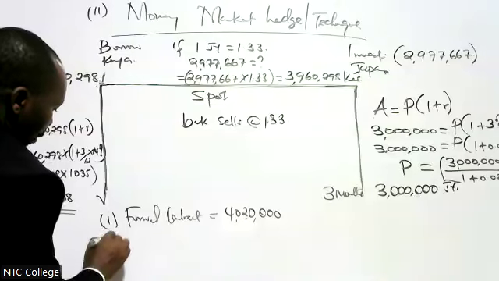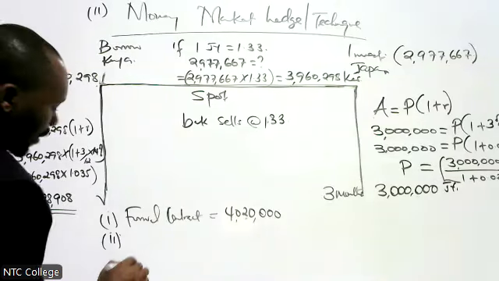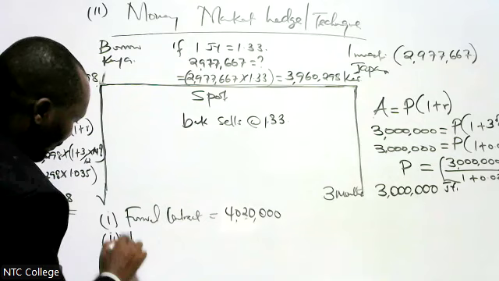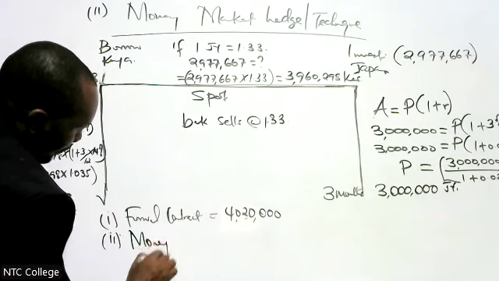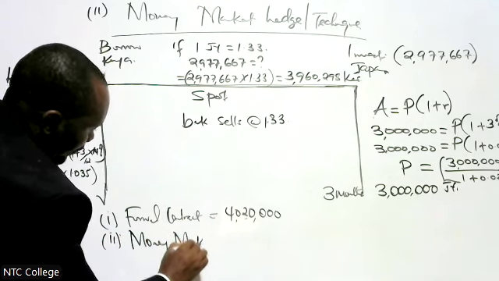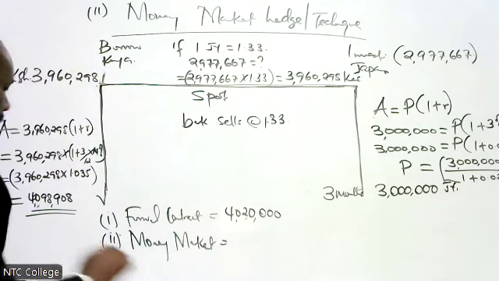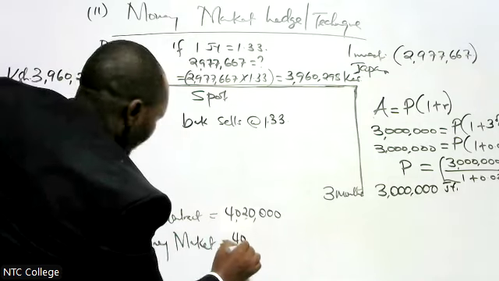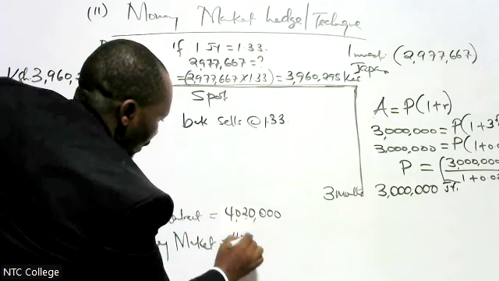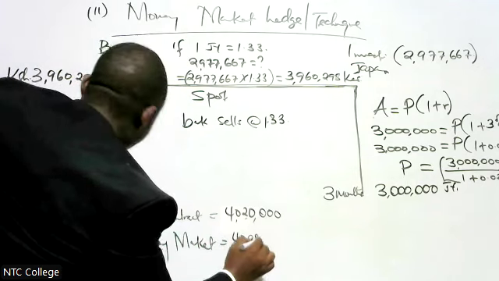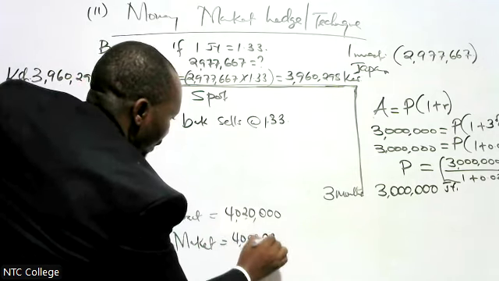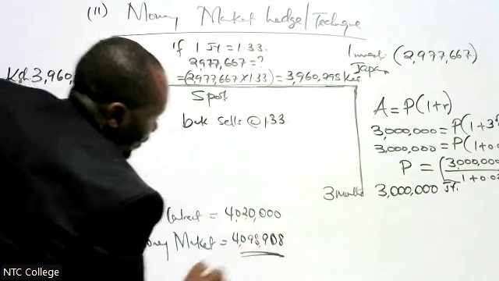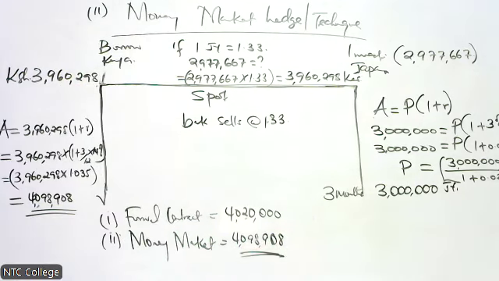The other option, number 2, is money market, which will incur me 4,098,908. They are very close: 4,098,908 and then 4,020.